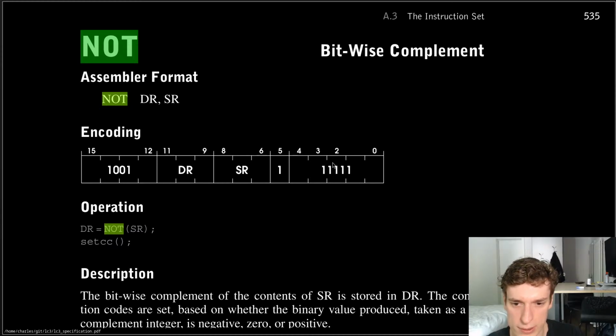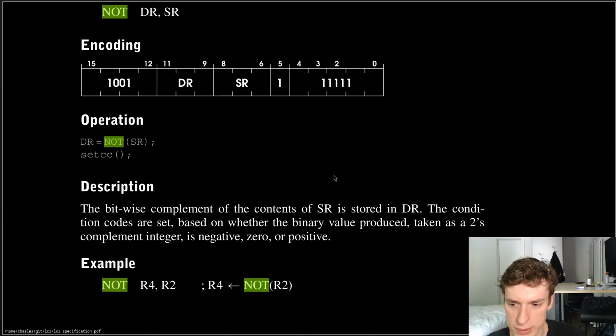So this is just like padding, basically, right? Description: the bitwise complement of the content of SR is stored in DR. The condition codes are set based on whether the binary value produced, taken as 2's complement, is negative, 0, or positive.